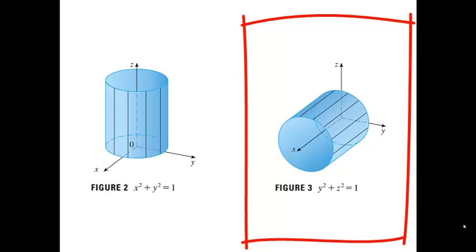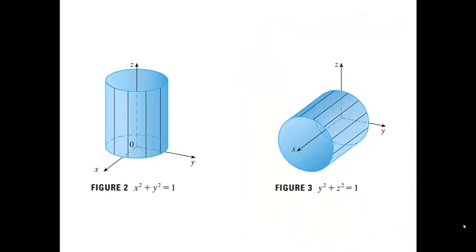That represents a circle in the yz plane, centered at the origin of radius 1. Because there are no restrictions on the variable x, we know this is going to be a cylinder that extends around the x-axis.